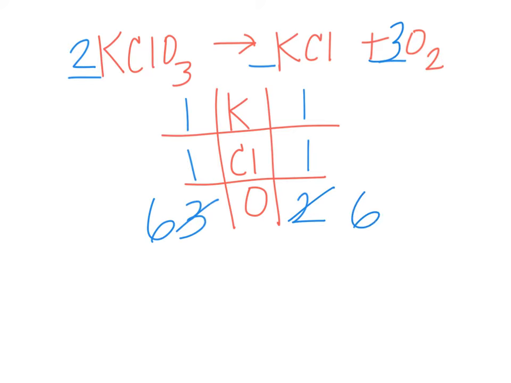But then don't forget, by adding a coefficient here, it's going to change the K and the Cl also because it multiplies through. So that means then we have 2 K's and 2 Cl's. All right? So when we balance that out, the oxygens look good now. But now we have to go fix the K's and the Cl's. We need 2 of those on the right-hand side.